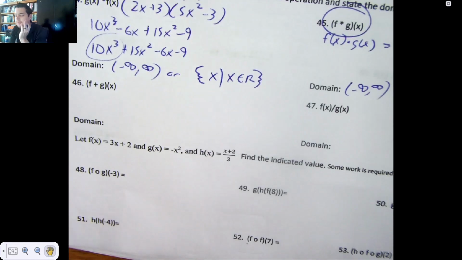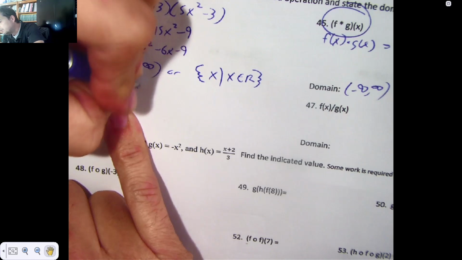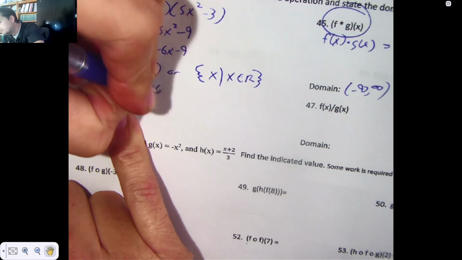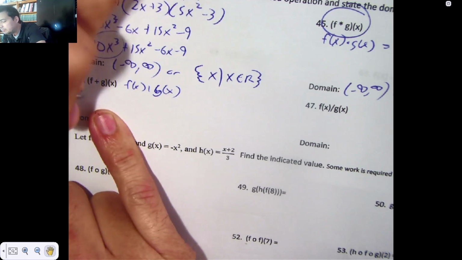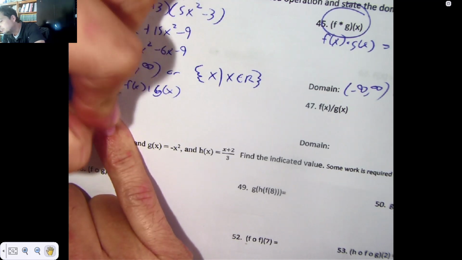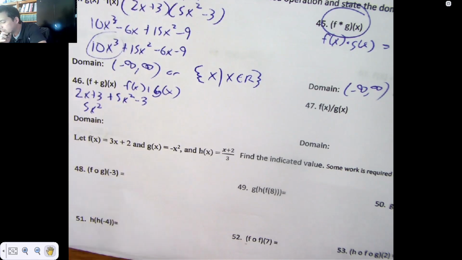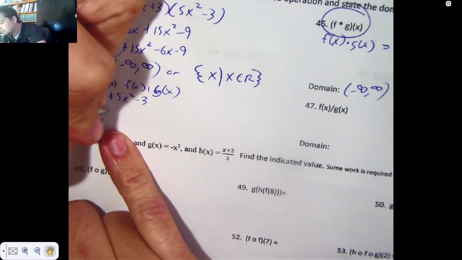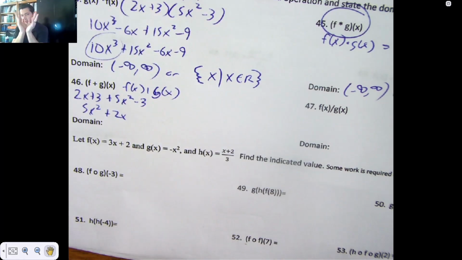All right, 46 has a plus symbol. That is literally f of x plus g of x. What a horrible looking g. I'm going to write it out. Then I'm going to put it in standard form. That is 5x squared, which looks like a parabola.